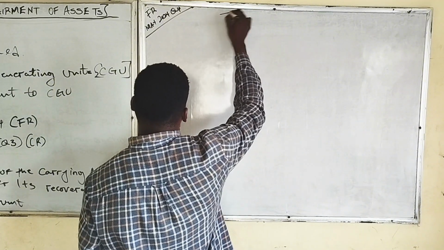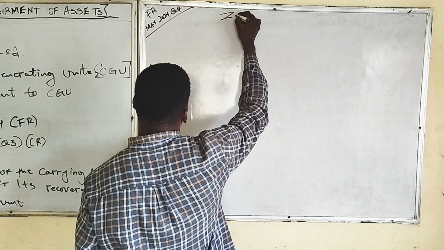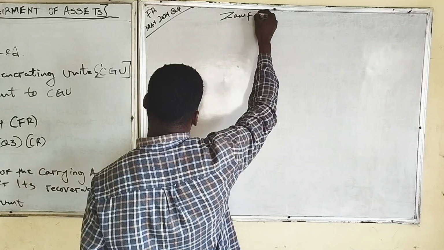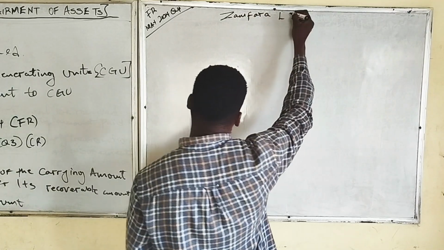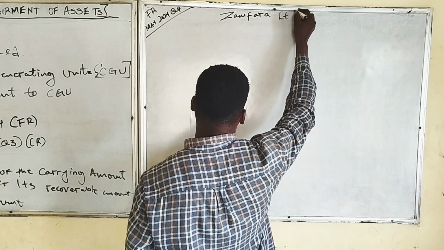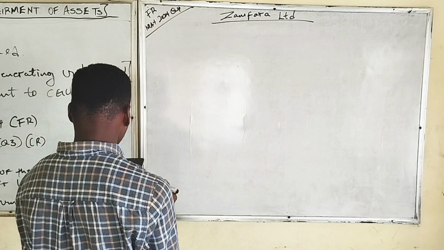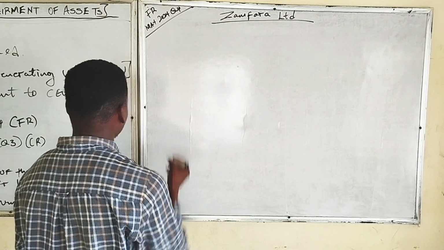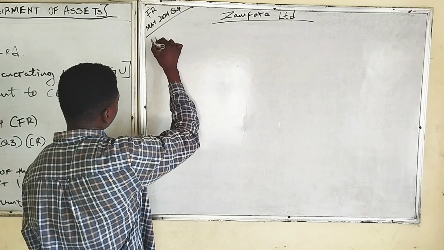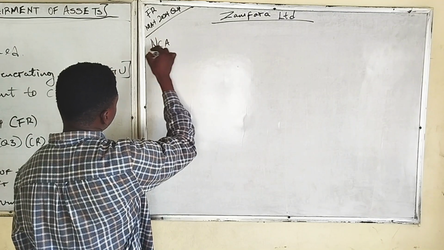So the company's name is Zamfara Limited. They said there's a non-current asset in the statement, they didn't state specifically which non-current asset.